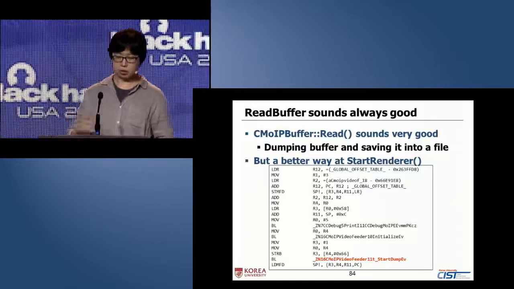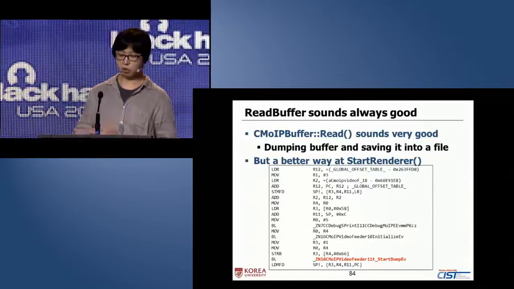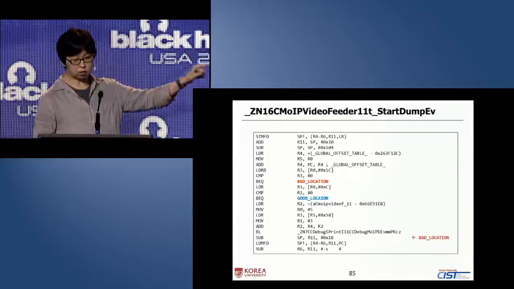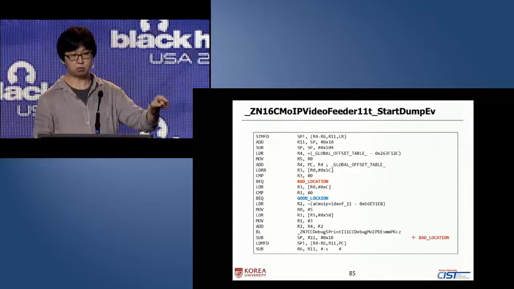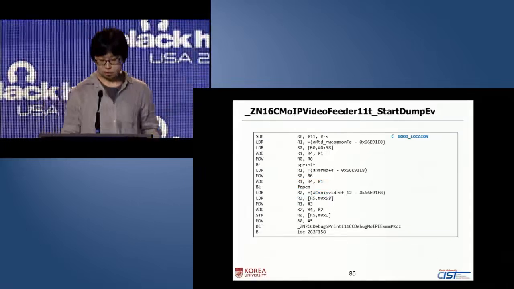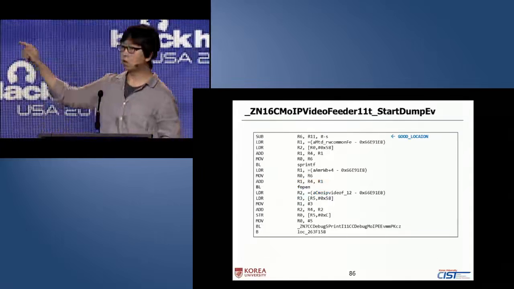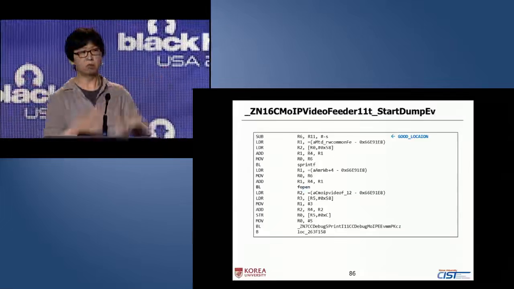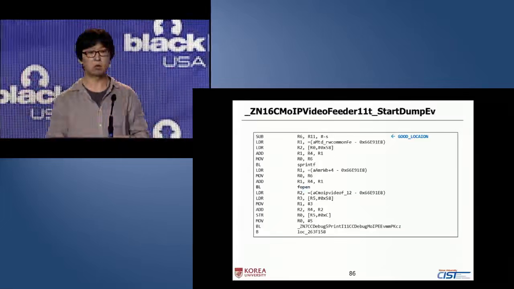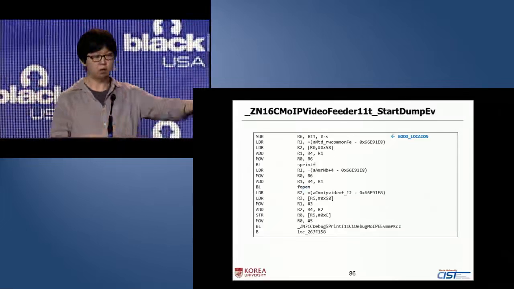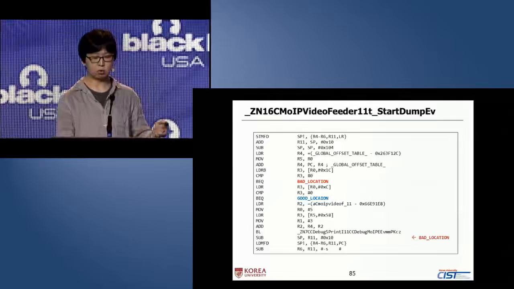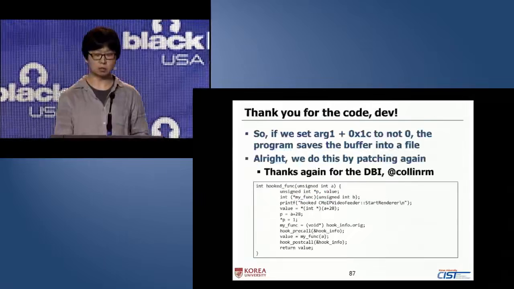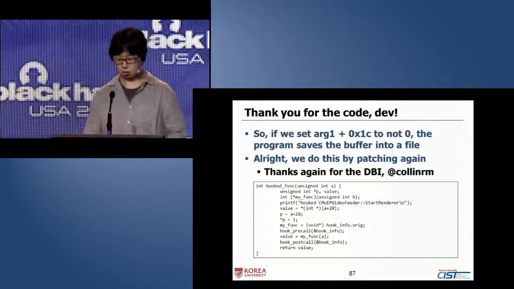When you see the CMOIP buffer read function, you see the bad location and the good location. If you can jump to the good location, there is the fopen function, which actually opens a file and dumps the video buffer into it. I think this is test code for developers, but in our binary it goes to the bad location by default. But you can do binary patching.